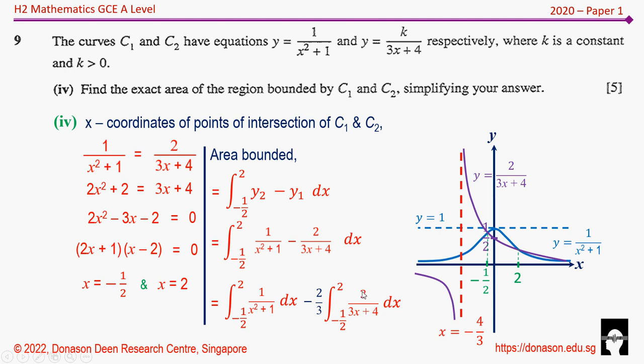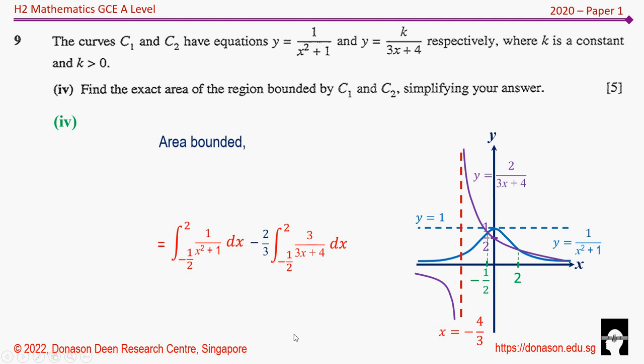Because I'm introducing a 3 here, I put a 1/3 outside, and 1/3 combined with the 2 which I pulled out becomes a 2/3 outside. Hope you understand how I got that 2/3 over here in order to turn this into a 3 over 3x plus 4. Now you look at both of them, they are beautiful and very easily integrable. So let us now continue with the integration.